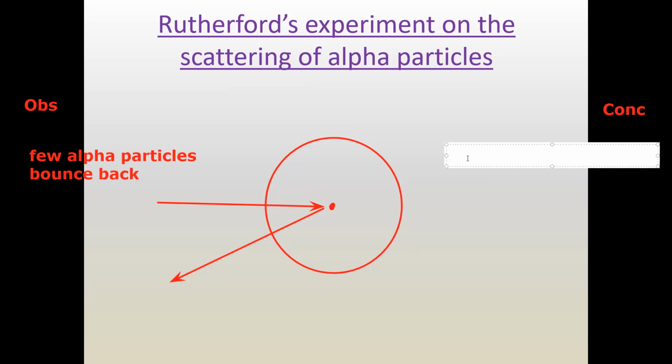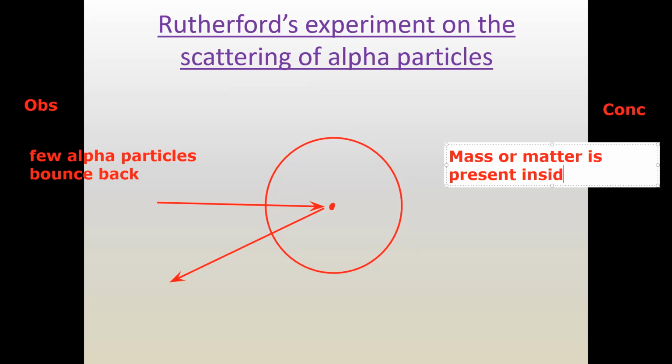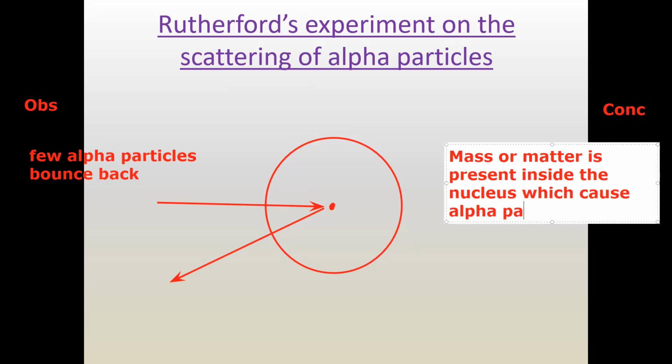He said mass or matter is present inside the nucleus, which causes alpha particles to bounce back.